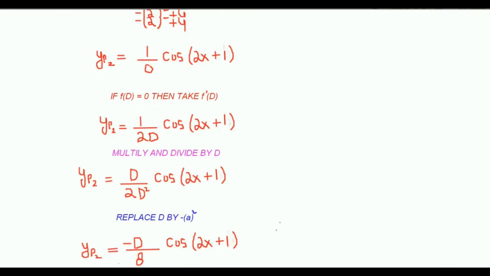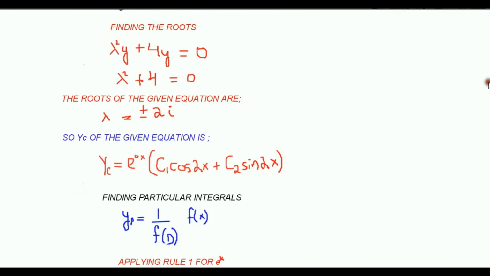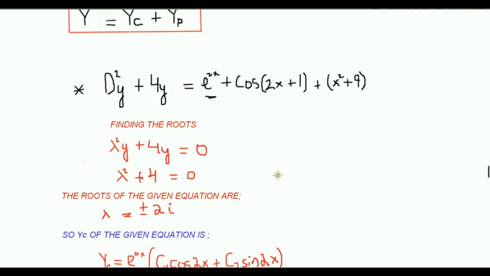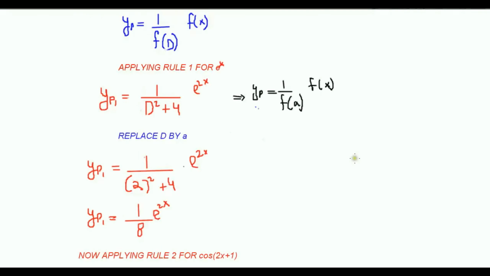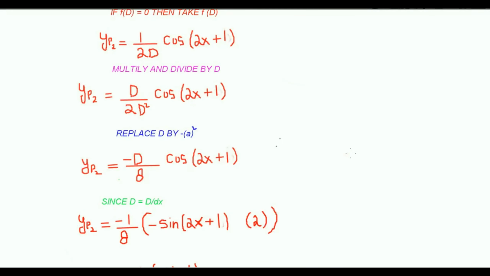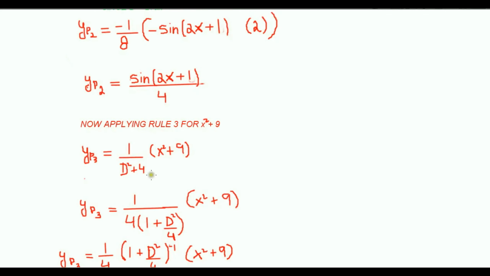Now the last part of the equation is left, which is a polynomial. So applying rule number 3 for this polynomial: I have to take common the lowest degree term in the function d. The lowest degree term is 4.